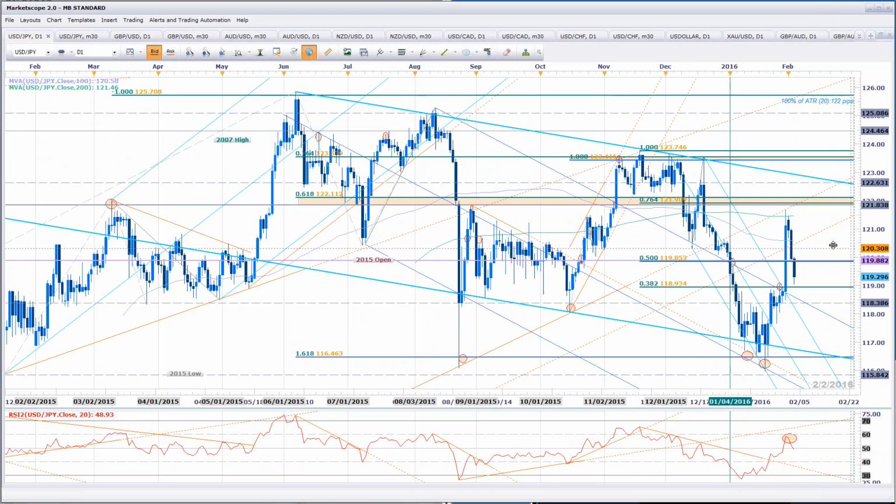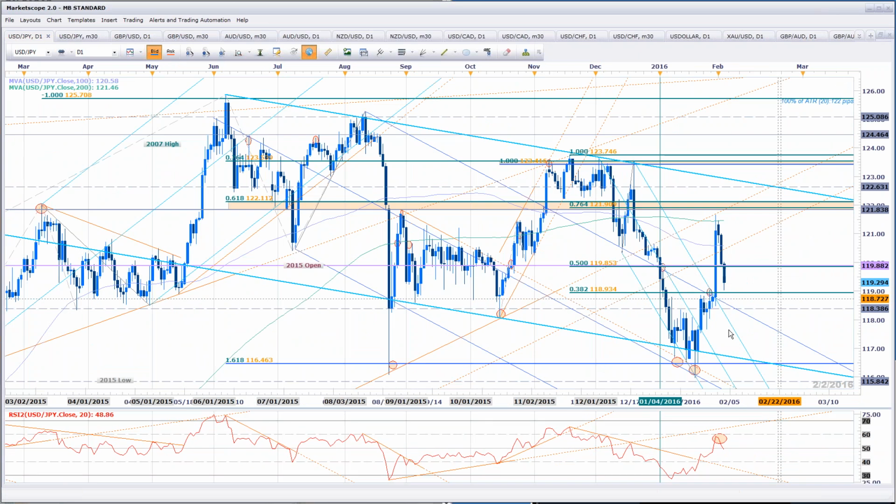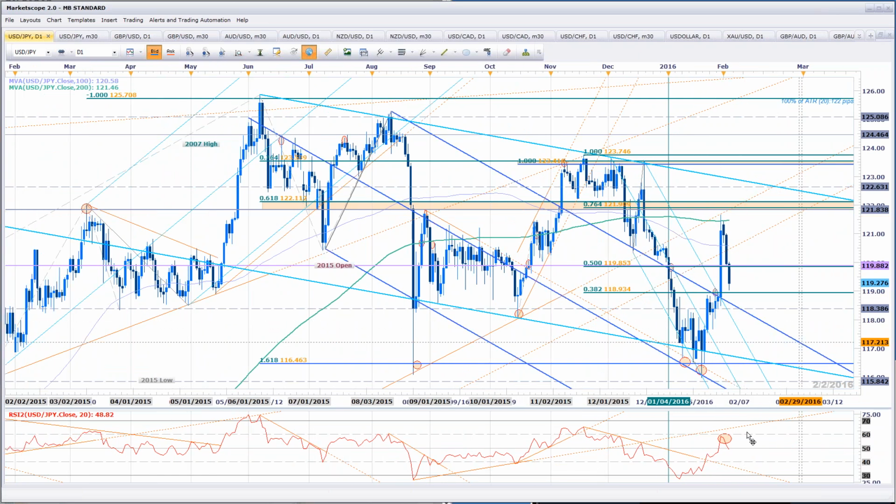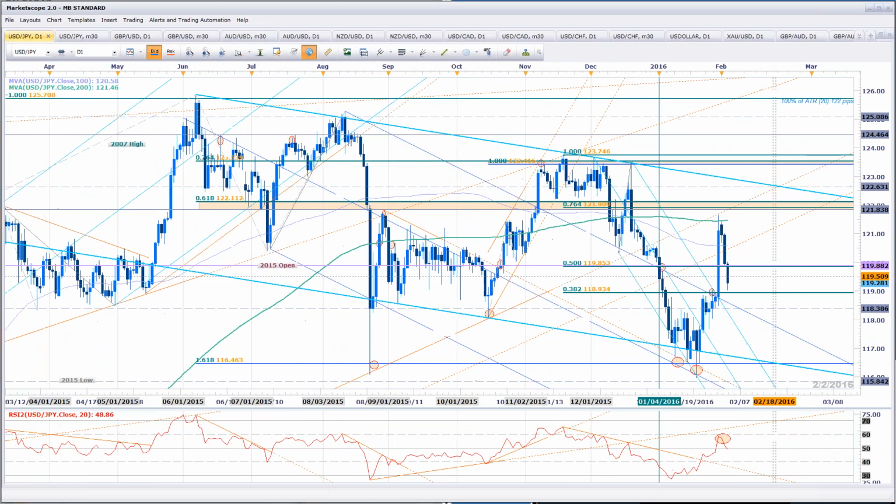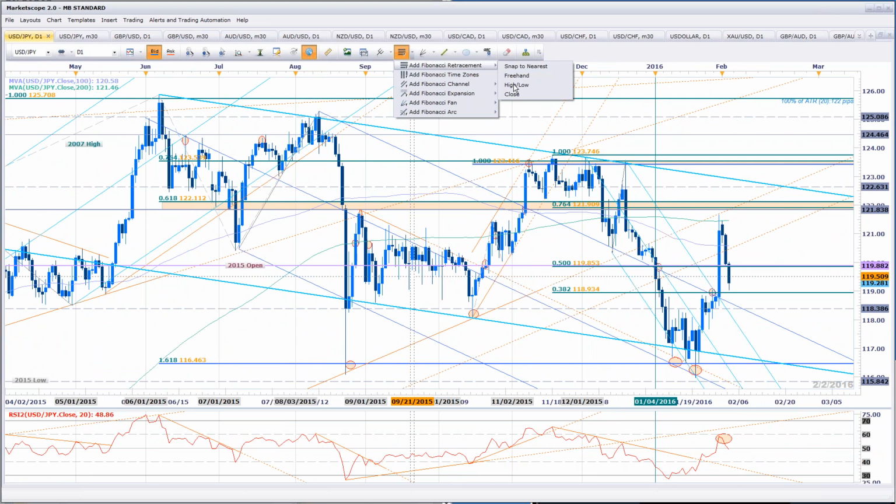Here's what dollar yen looks like. And this is just the kind of thing that dollar yen does, guys. We talked about the 200-day moving average earlier this week. Personally, I didn't know it was going to be quite a reaction like this. And rejection at 16 momentum. Geez. I can only imagine how many people got chopped up on that move, guys.